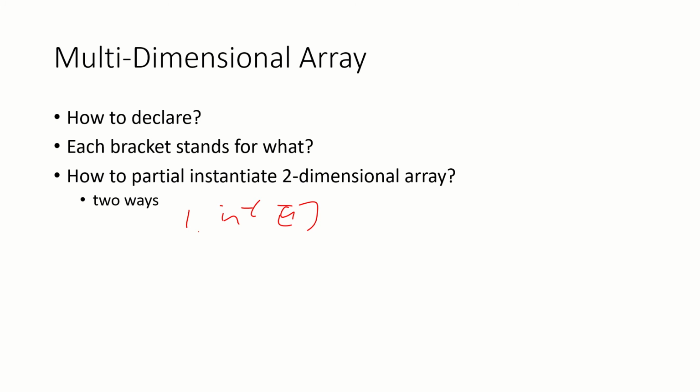Basically, this is a single dimensional array. How to declare a single dimensional array? New int with the size. Why can we not do something like this?